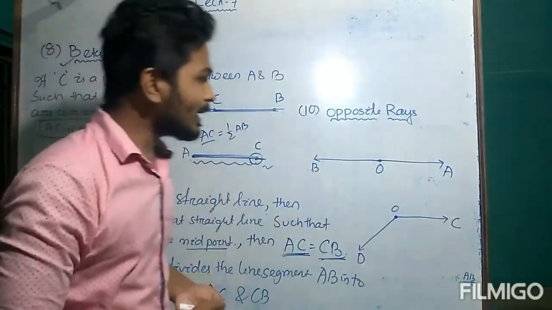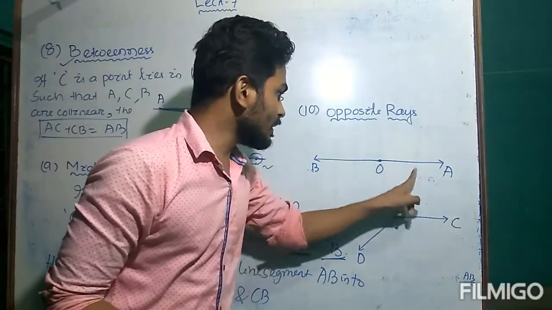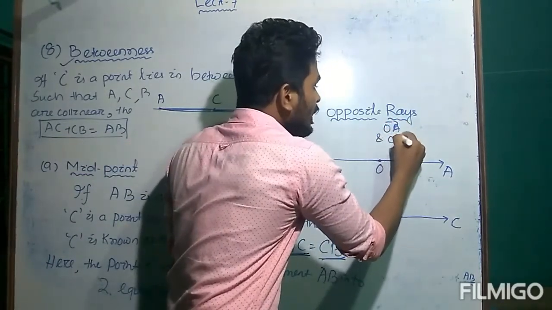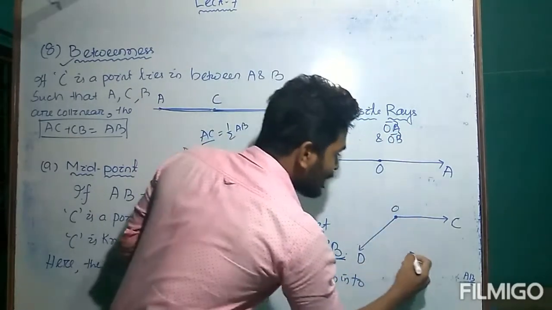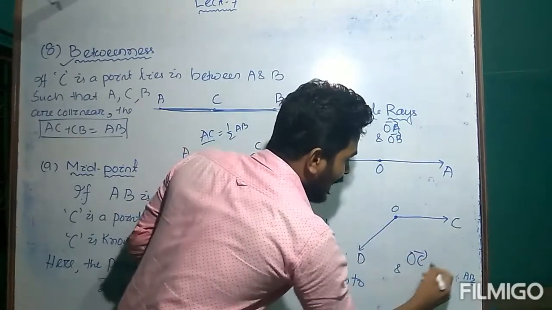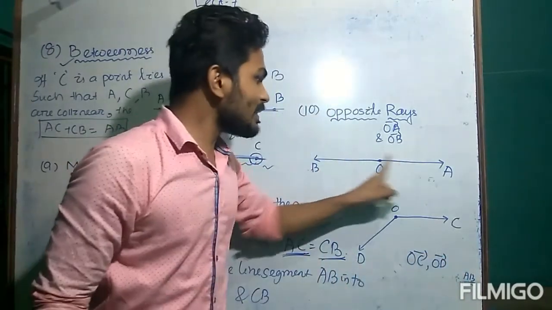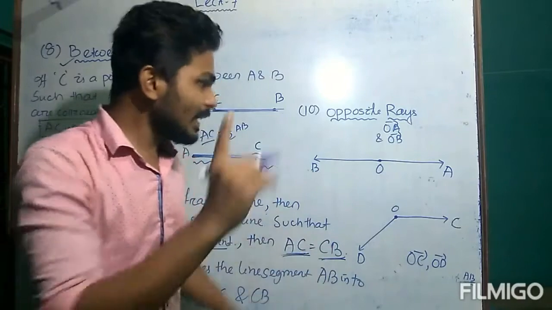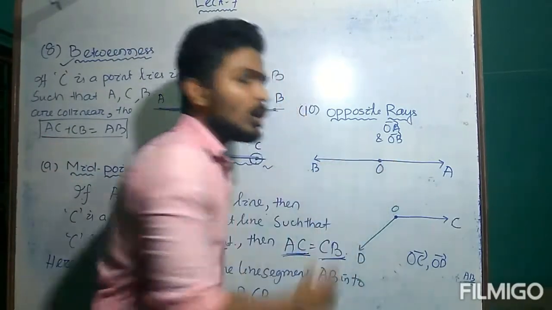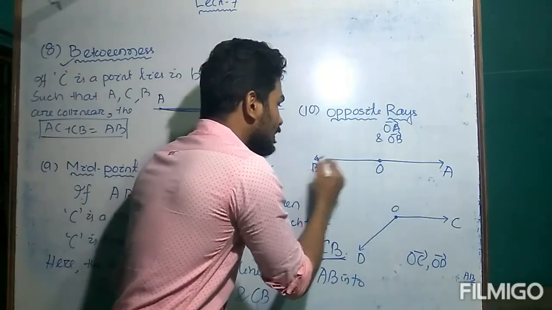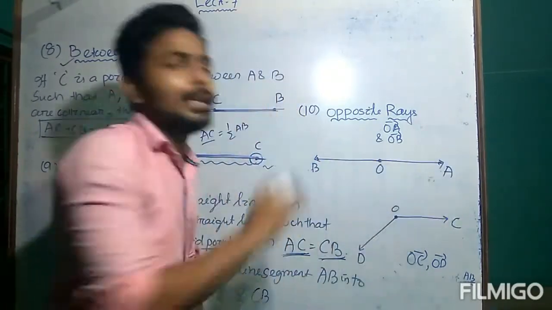So the statement is two rays. Here we have two rays OA and OB. Here also we have two rays OC and OD. So two rays are said to be opposite if they have a common origin and if all the 3 points are collinear.